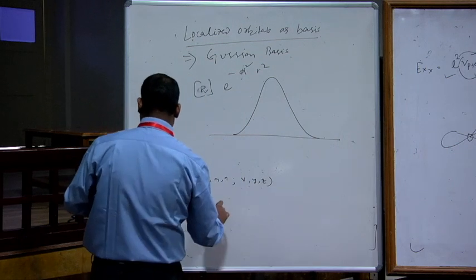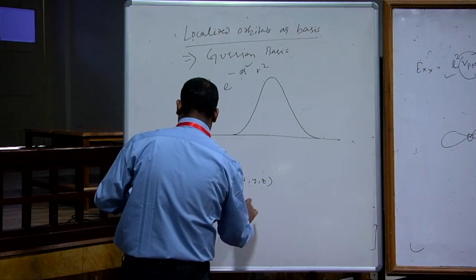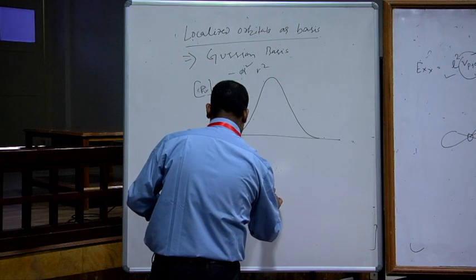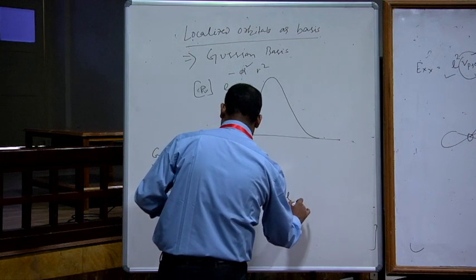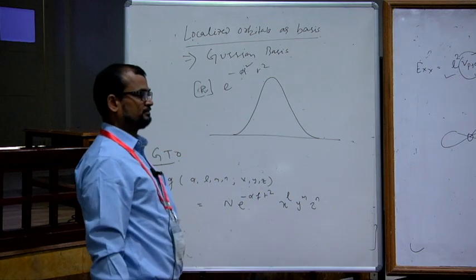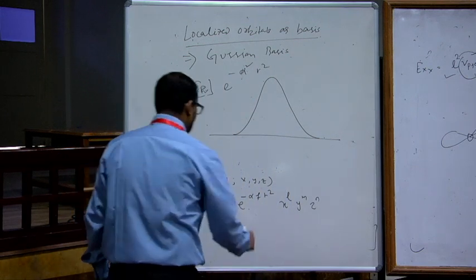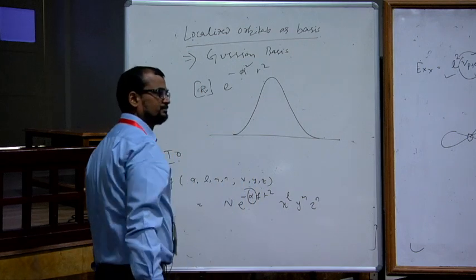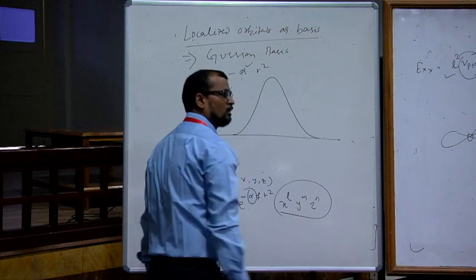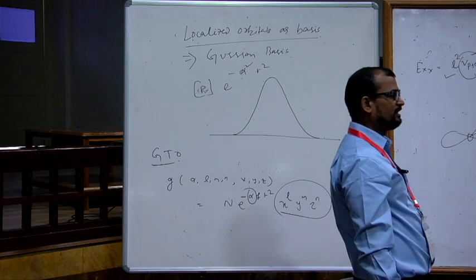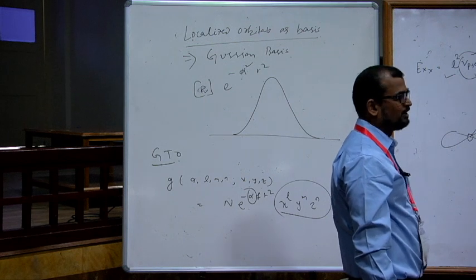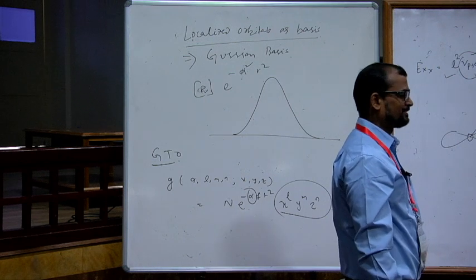So that is equal to N e to the power minus alpha r square, x to the power L, y to the power M, z to the power N. Okay? So this is the spread. These are the polynomial components, right? If your L is equal to 0, M is equal to 0, N is equal to 0, your spread is like S type.